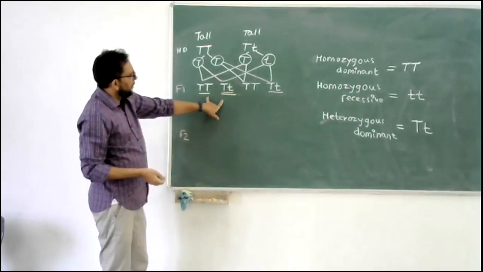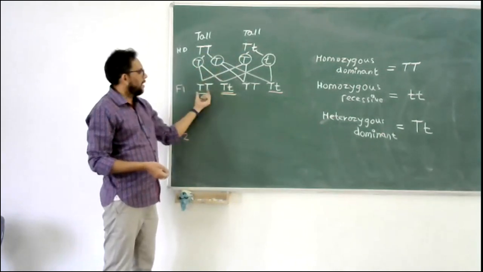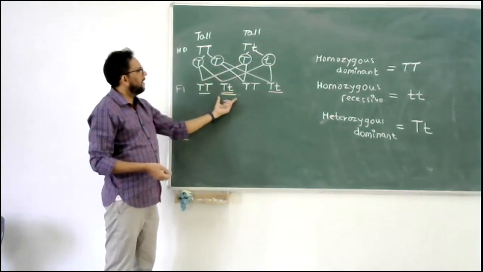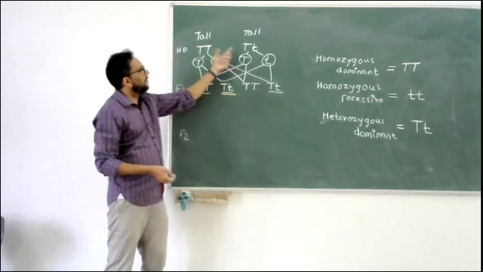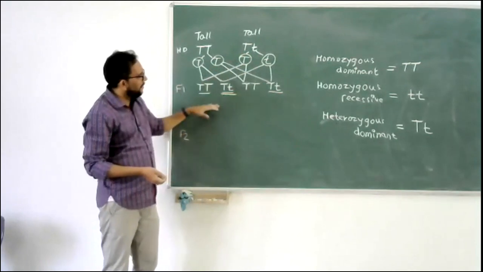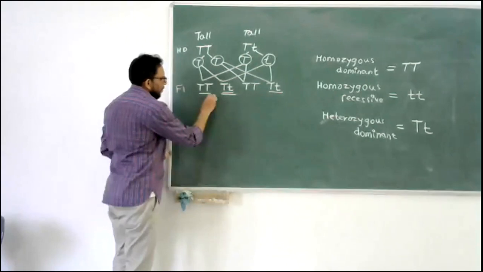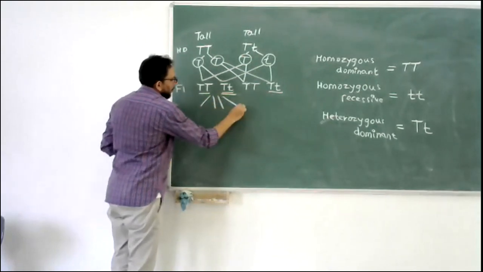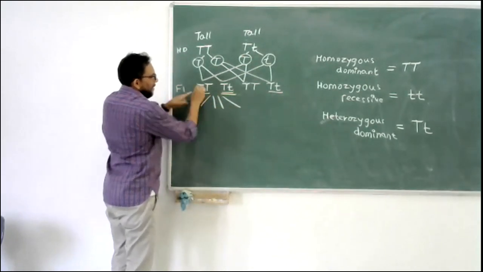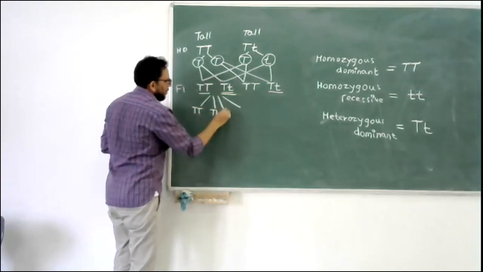Now, if you look at this, they are exactly like their parents: homozygous dominant and heterozygous dominant. So these will give the same product. Even if we cross these two, they should give four individuals, and they will be the same as these ones: capital T capital T, capital T small t.